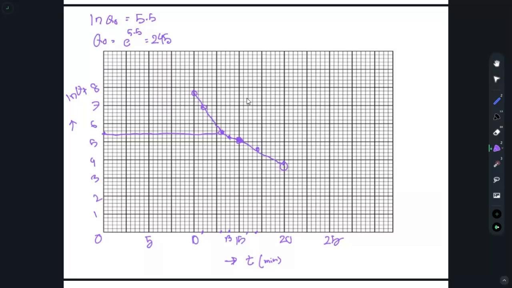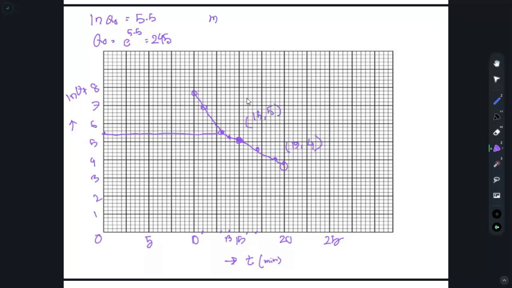Again, we need the slope. Let's take a point, here you can see that this point is 19 and 4, and let's take another point, 15, and for that 15, this point is around 5.